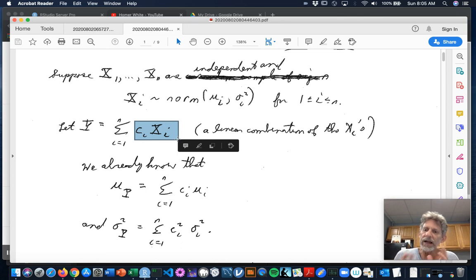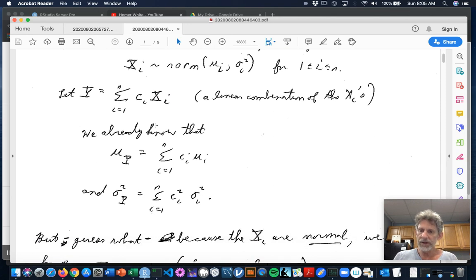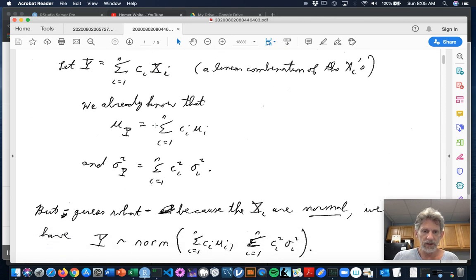Therefore, the ciXi's are independent of each other. Like if I have a 2x1 and a 5x2, if I told you the value of 2x1, you would know x1, but that wouldn't help you know x2 because they're independent. So you wouldn't know anything more about 5x2 than you knew before. So the ciXi's are independent because of the independence of the Xi's.